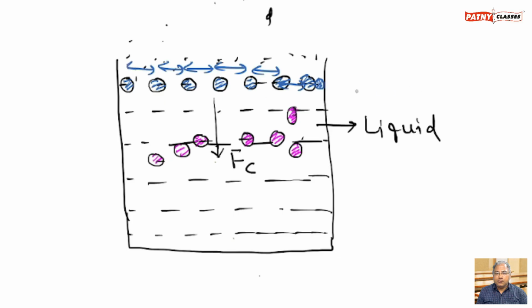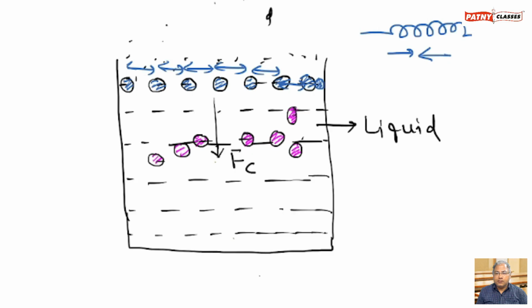Thus the top surface of the liquid is like a rubber band, like a spring, like an elastic membrane which tries to come closer. So the liquid surface film tries to become smaller in length.